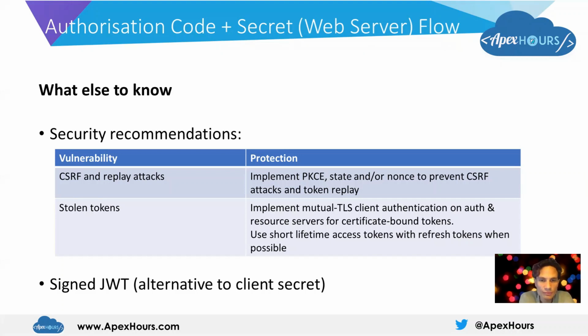Also, just to mention, there is a slight variation to this flow to using the client secret as I've described in the diagrams. Rather than a client secret, the client app server can potentially construct a JWT and sign that JWT so that the authorization server can then validate that JWT and check that it was signed by the client app server.